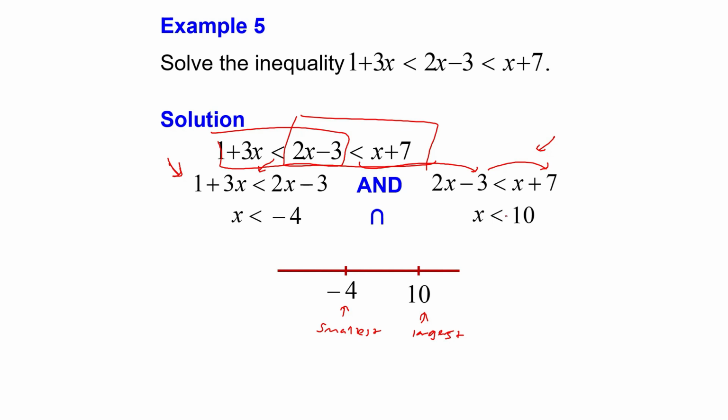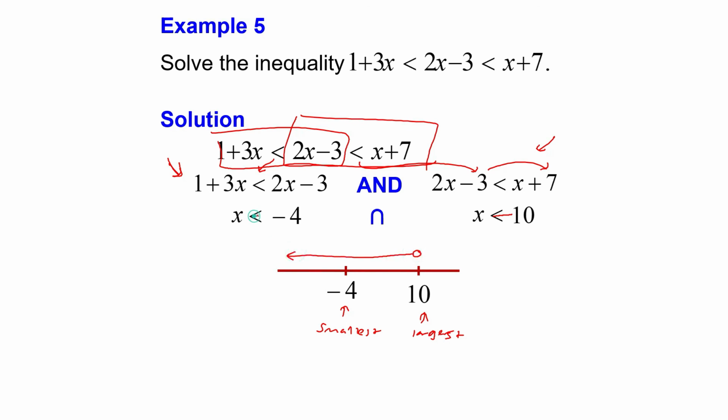Follow the inequality symbols. This is x less than 10. Write a line here so that you can see the arrow is actually going to the left, and since there's no equal sign here, it's going to be an open circle and to the left.